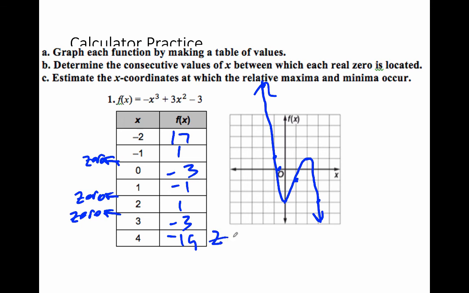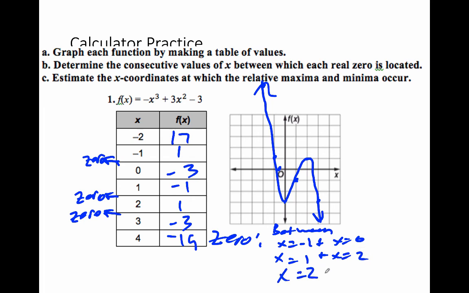I've got zeros between x equals negative 1 and x equals 0. I'm crossing the river again between x equals 1 and x equals 2. I'm crossing the river one more time between x equals 2 and x equals 3. Those are my 3 zeros.